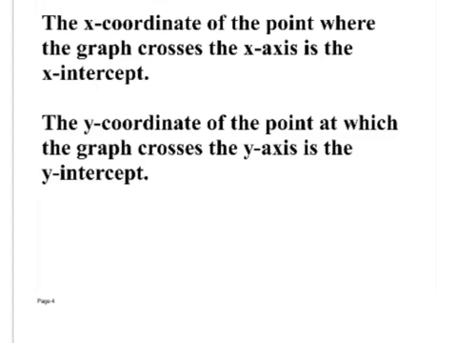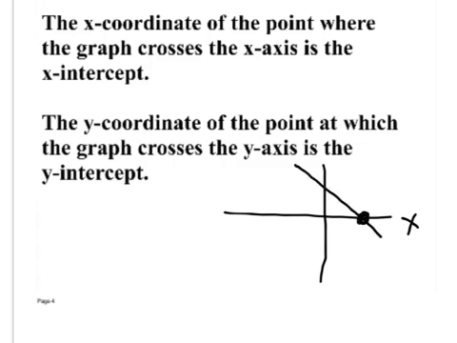Okay, go ahead and write these 2 definitions down. This just says that the x-coordinate of the point where the graph crosses the x-axis is the x-intercept. So if this is a graph, and this is my x-axis, wherever the line crosses, like right here, this is what we call my x-intercept.